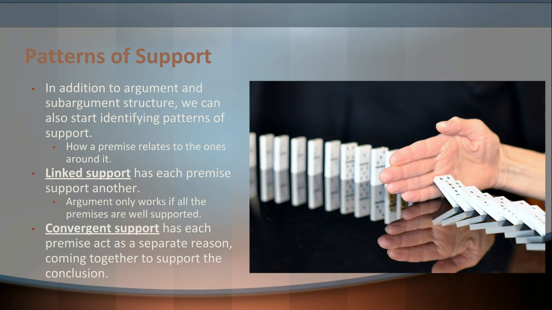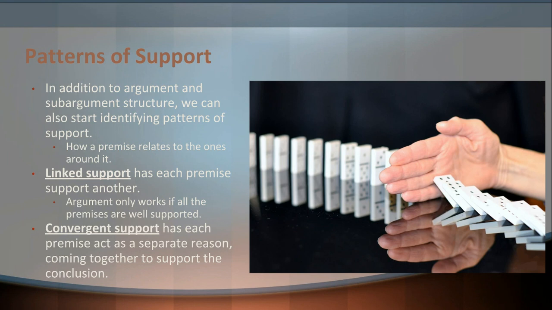Here we might have something like, suppose we take the fact that cats are mammals, and suppose that I have the entirely separate fact that there is cat hair on my jacket this morning. Those two facts taken together can converge or come together to help support the conclusion that cats can shed. It's possible for cats to shed.